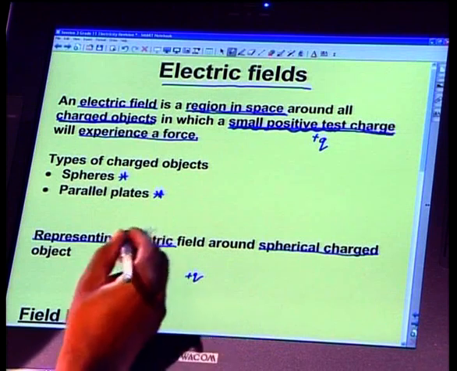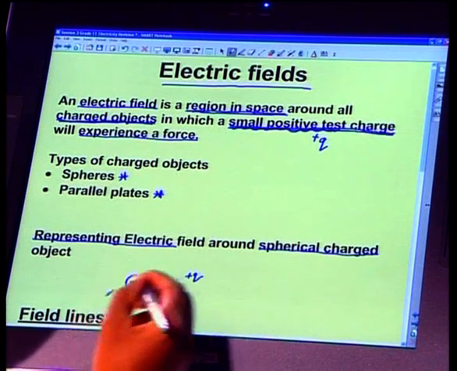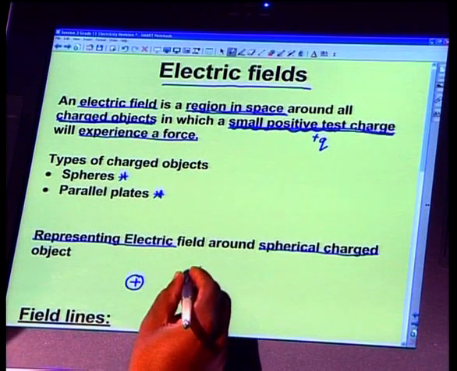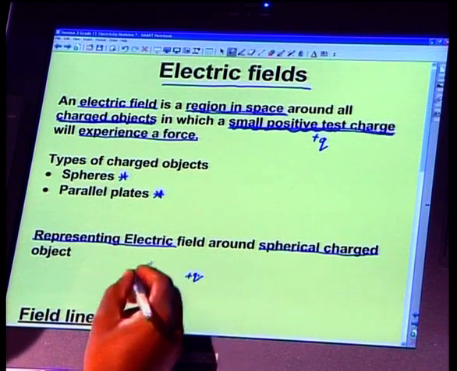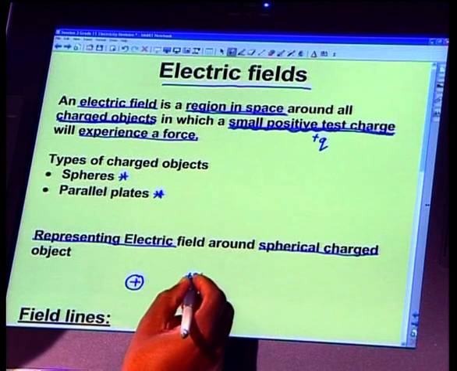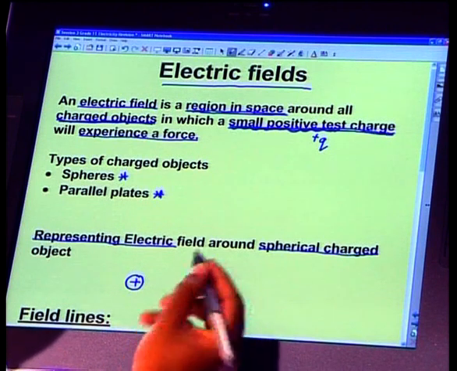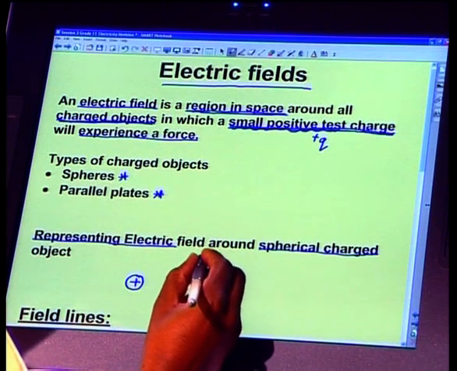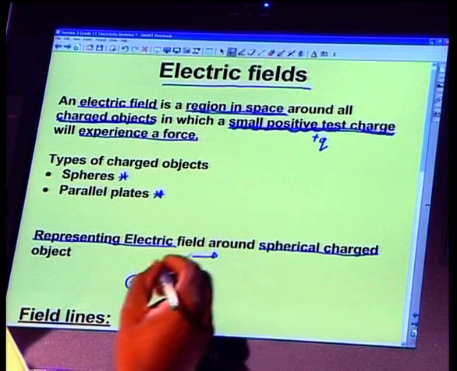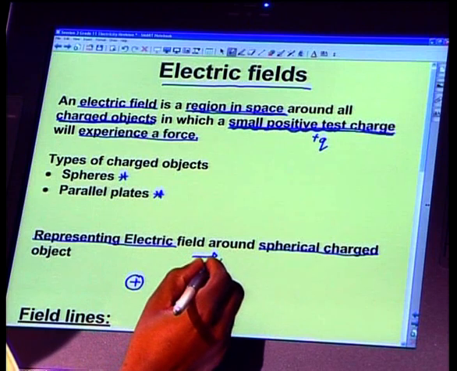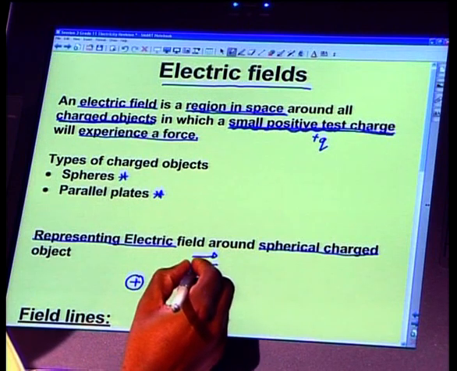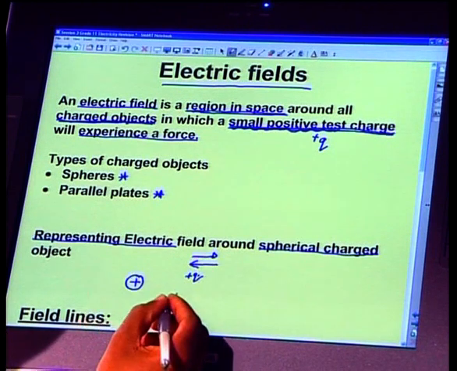This charge here has set up a field around itself. If I put small positive q there, in which direction do you think this small positive q is going to move? Is it going to move away from this charge, or is it going to move towards this charge?